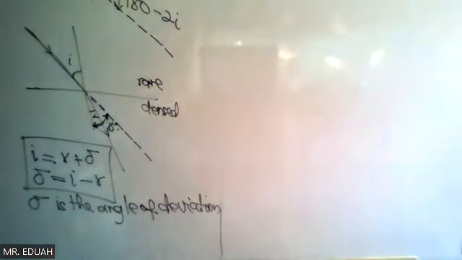Snell's law states that when a ray of light enters a medium from another medium, the incident ray and the normal to the interface at the point of incidence, and the refracted ray are all in the same plane. Lizzie, I said Snell's law.